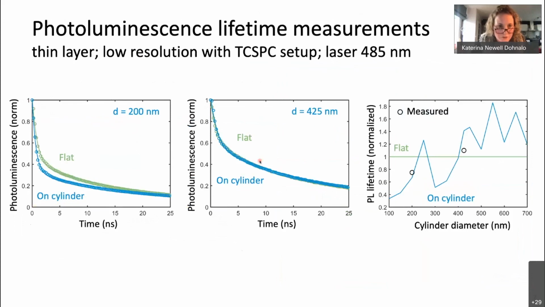Yeah, so the emission of these quantum dots is basically controlled by the Purcell effect. As you can see here in the third graph, there is the oscillation of the lifetime as a function of diameter. And there you're basically changing with the diameter the cavity that you think of with the Purcell effect. And as you change the cavity, you have different resonances, and thus the lifetime will move with this local density of states change.